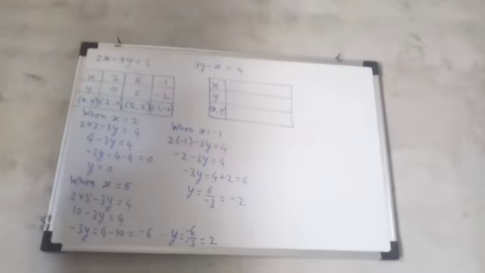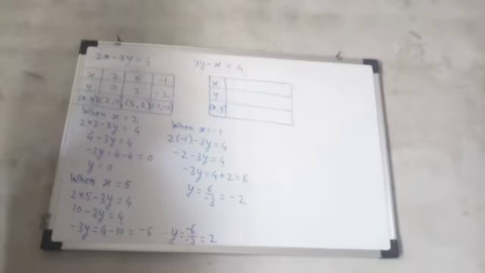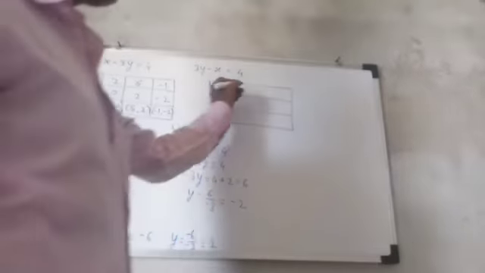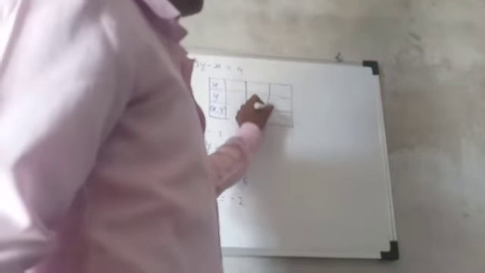For another equation 3y minus x, x, y, ordered pair x, y. Now here take values of y so that you will simply get values of x.